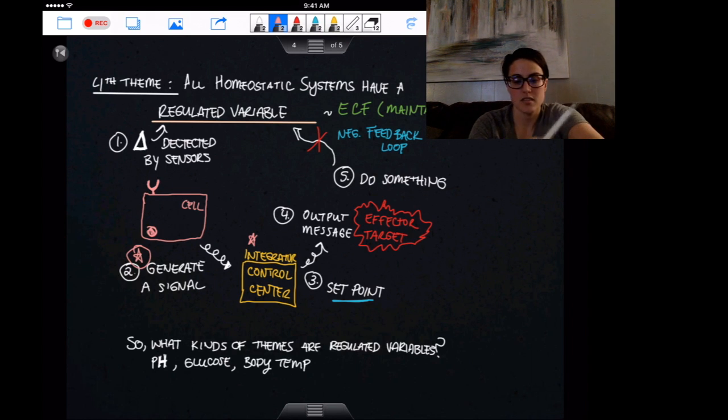We could have a cellular mechanism here that receives the output message at the effector target. We could have a cellular mechanism happening here at step 5, causing the action, doing something, continuing the negative feedback loop, or stopping it. Okay?